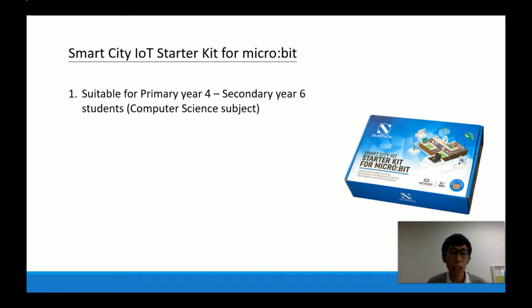These kids are a bit advanced. They need to use IoT, coding, programming, and know electronics, so a higher age is better. It is especially suitable for the computer science subject because there are so many different smart city concepts and IoT knowledge inside. But of course, it is suitable for different STEM projects too.